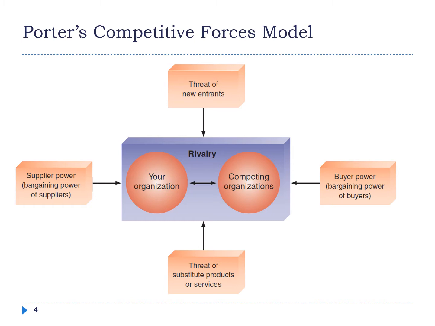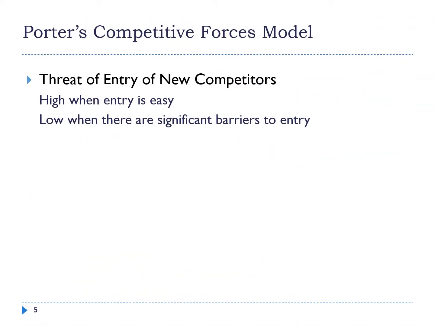There are 5 forces in this model: the threat of new entrants, the bargaining power of suppliers, the bargaining power of customers or buyers, the threat of substitute products or services, and the rivalry among existing firms within the industry. In the next few slides, I will go over each force.